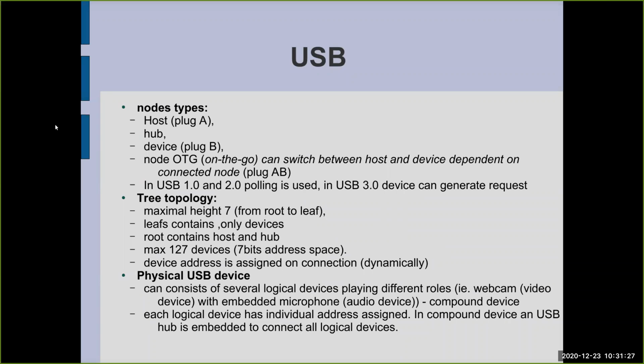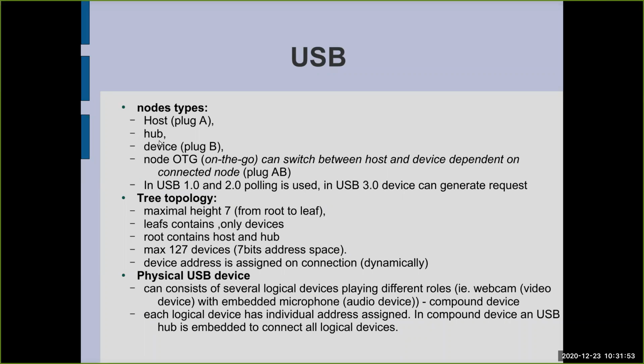As I told you, in USB there are two different nodes. There is a host node, and there can be only a single host, and a device node, and we can have up to 127 devices connected. We can also have a hub node.